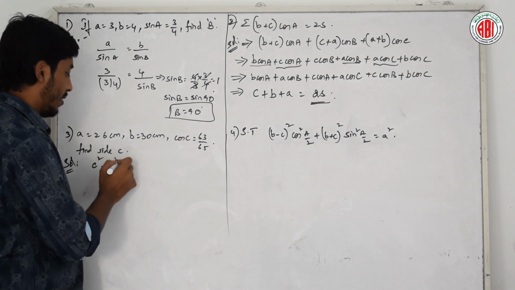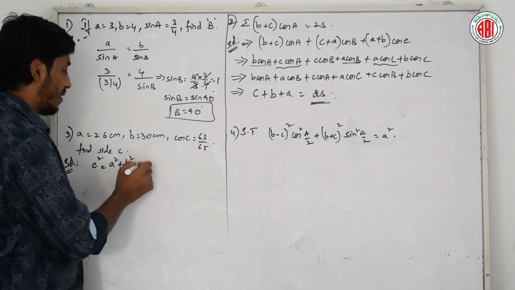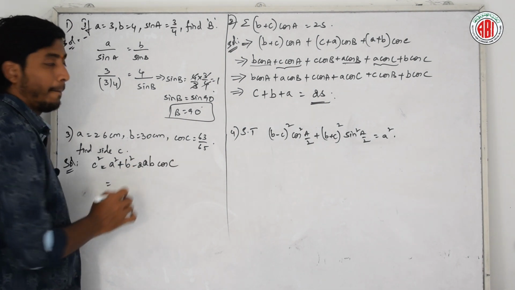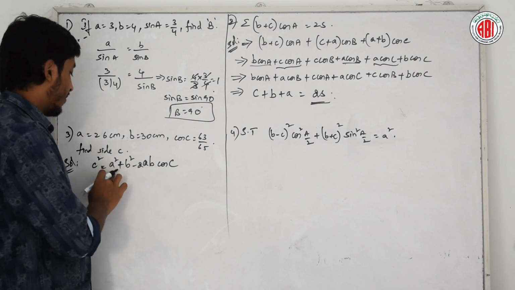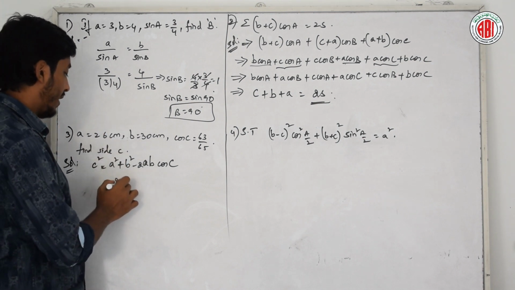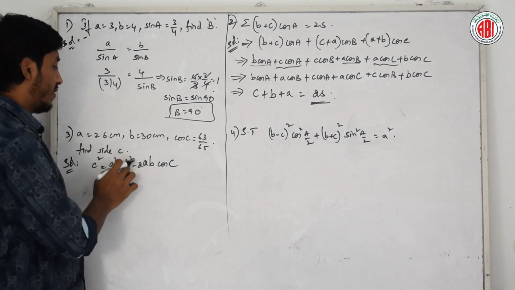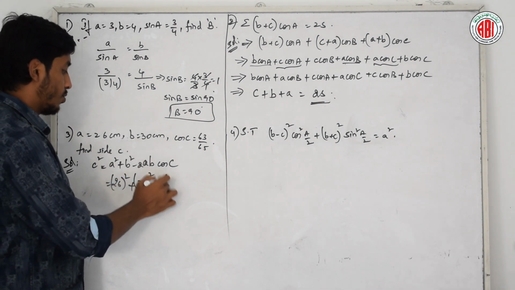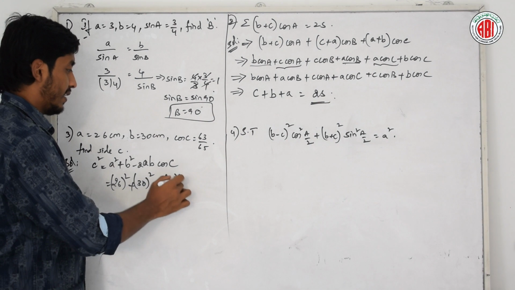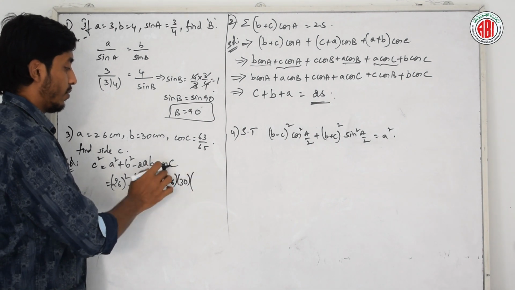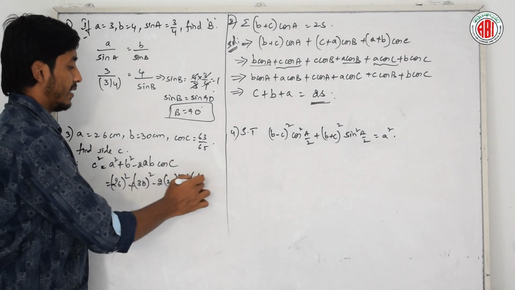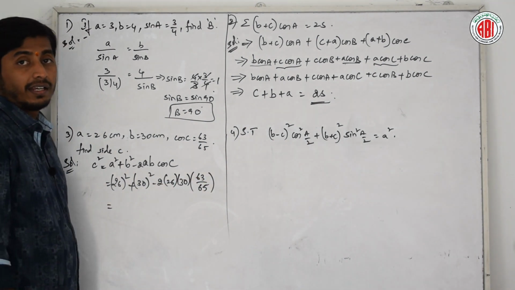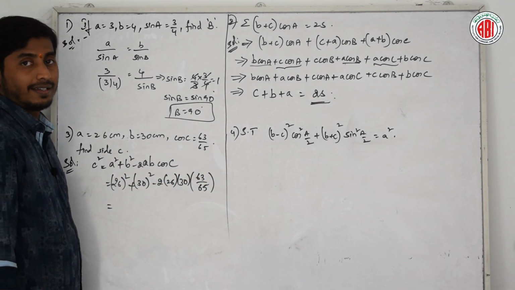C square is equal to A square plus B square minus 2AB cos C. What is the value of A now? 26 square. What is the value of B? 30 square minus 2 into 26 into 30 into cos C value, which is 63 by 65. Right? Hope you understood, isn't it?